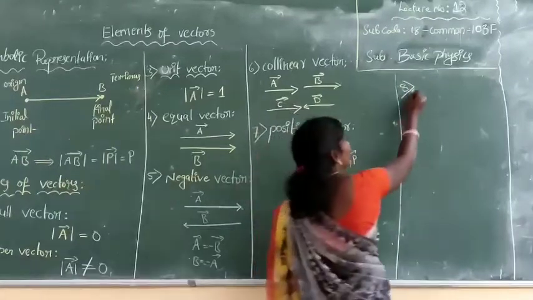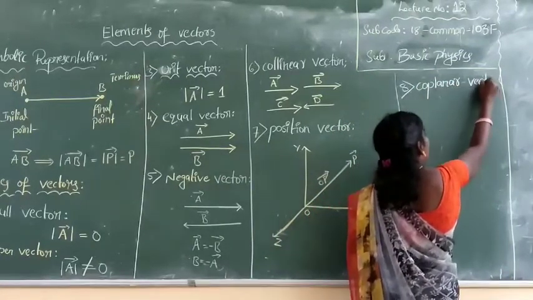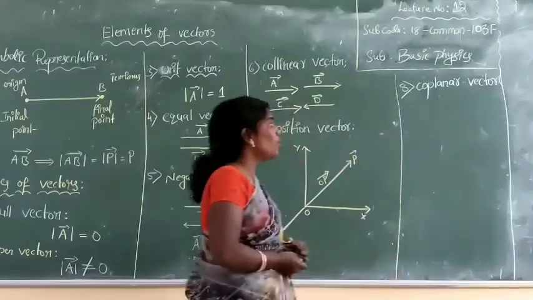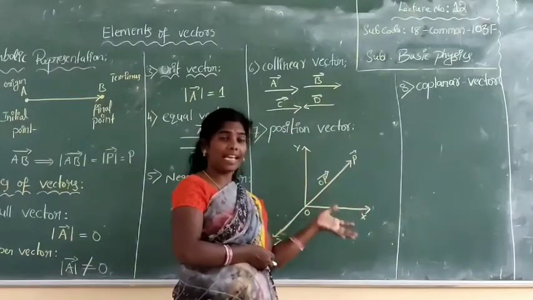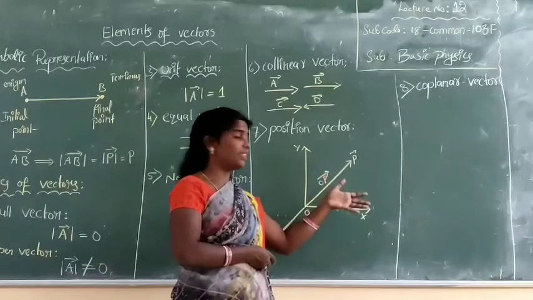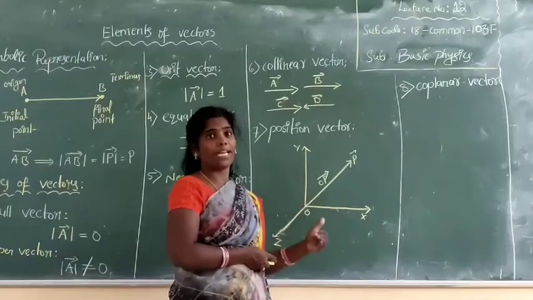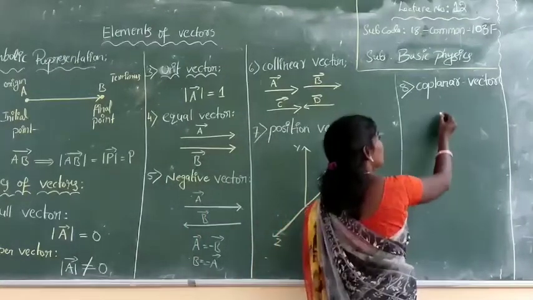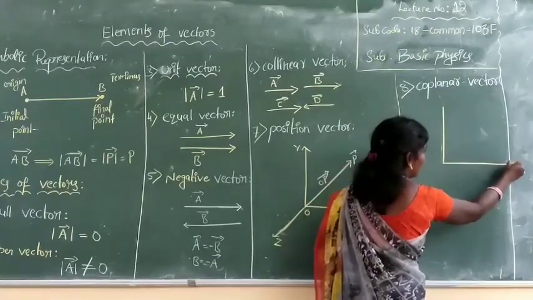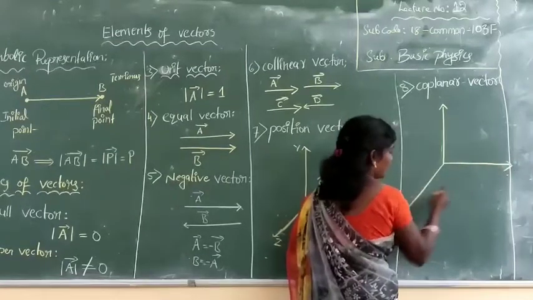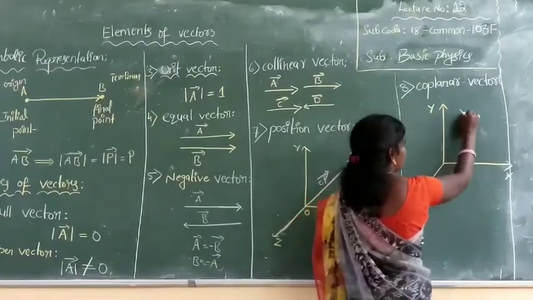Eighth one is coplanar vector. Coplanar vectors are the vectors lying in the same plane, irrespective of their magnitudes and directions. Let's look at it again. X, Y, Z. Which plane is this?